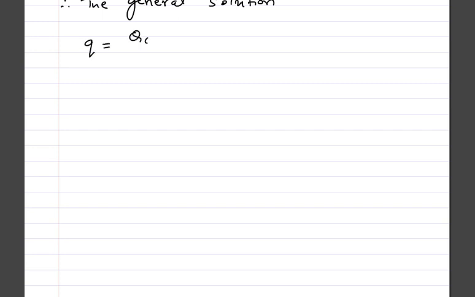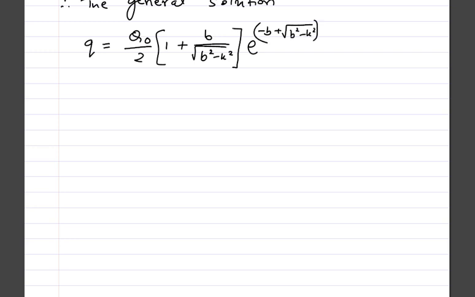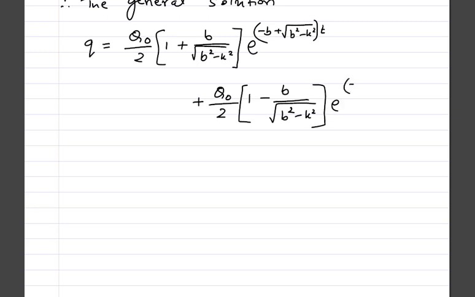Q is equal to q naught by 2 into 1 plus b by square root of b square minus k square, bracket close, e to the power minus b plus square root of b square minus k square, entire term in the bracket, into t, plus q naught by 2 into 1 minus b by square root of b square minus k square, bracket close, e to the power minus b minus square root of b square minus k square into t.